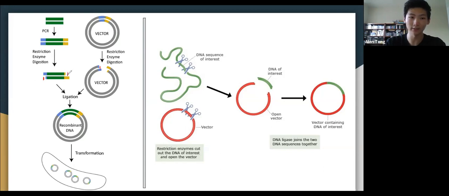And this sticky end, I'll do a different color, will be complementary to this sticky end. That's how they will bind together. And once they hydrogen bond, then you reform that phosphodiester bond using ligation. And then you have what's called a recombinant plasmid, which you can then give to some bacteria for them to express that DNA.